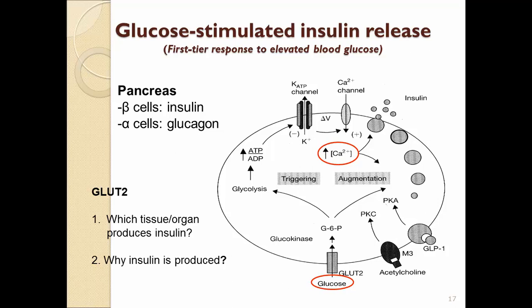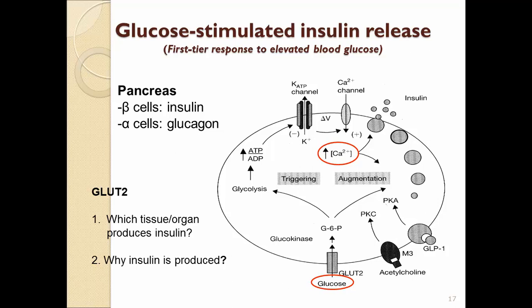This calcium concentration increase is very important, as it can trigger the movement of insulin secretory granules and release insulin into the circulation, right? So try to remember this sequential process of how glucose stimulates insulin release.